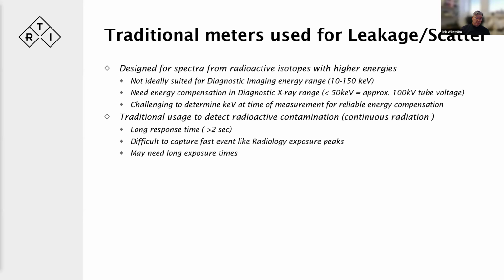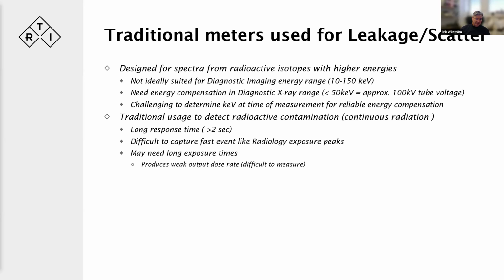So then long exposure times may be needed for it to do some sort of work, but for that you need to turn down the mA, the tube current, so that you reduce the workload on the X-ray machine. But that produces a weak output, a low dose rate, and that puts an extra challenge onto the instrument for sensitivity.